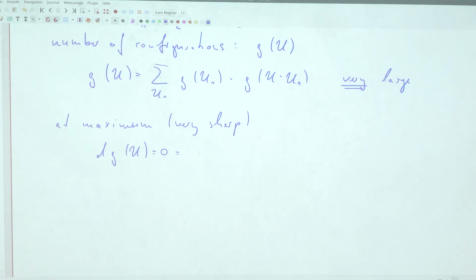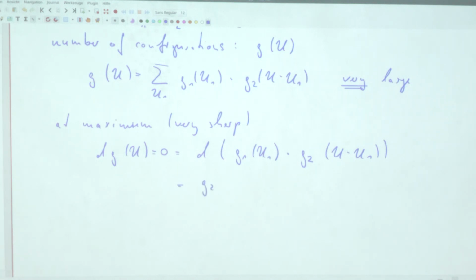And if you take the product here, we can apply the product rule.